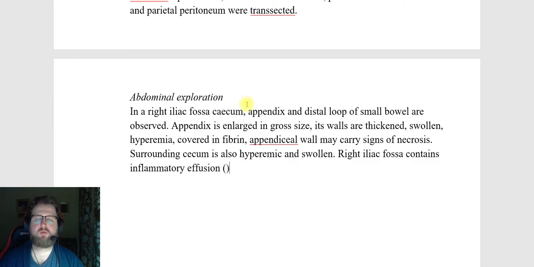In italics, it would be better if you relatively calculate the amount of this effusion. Let it be about 30 milliliters. That's usually what you see.